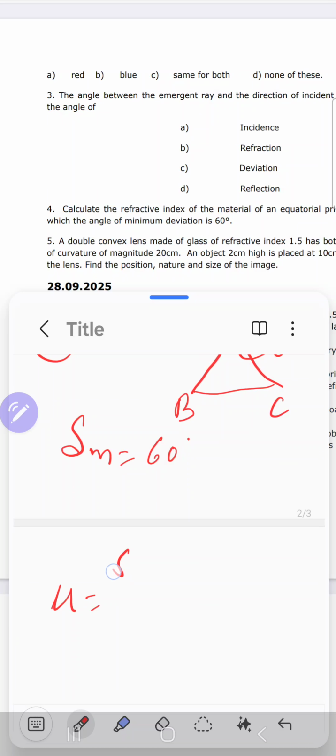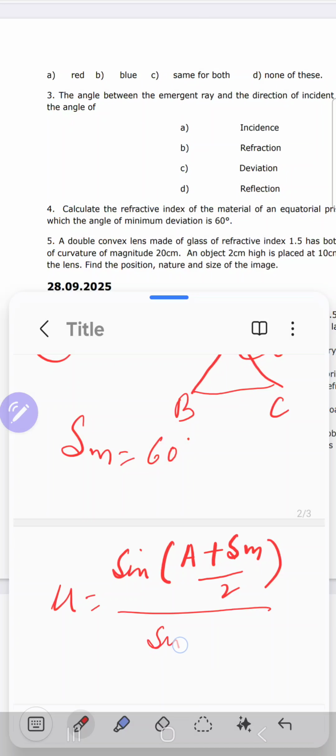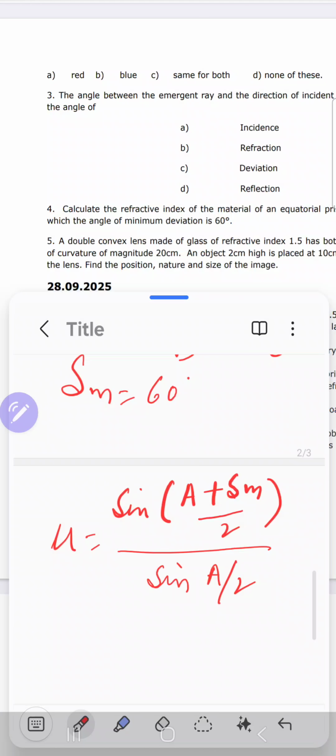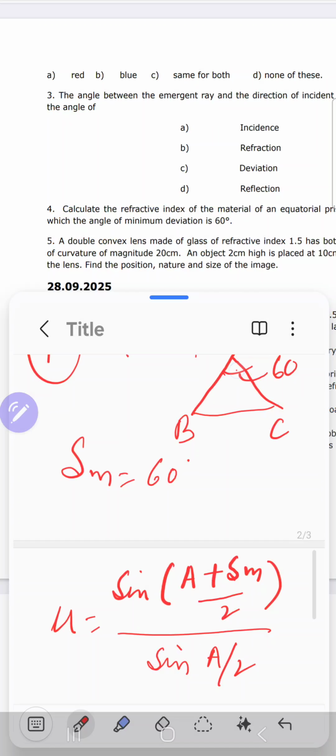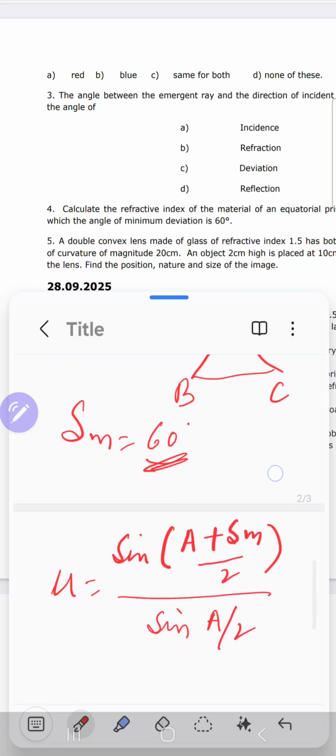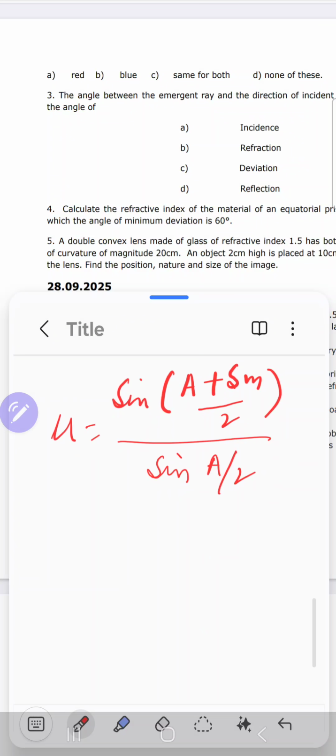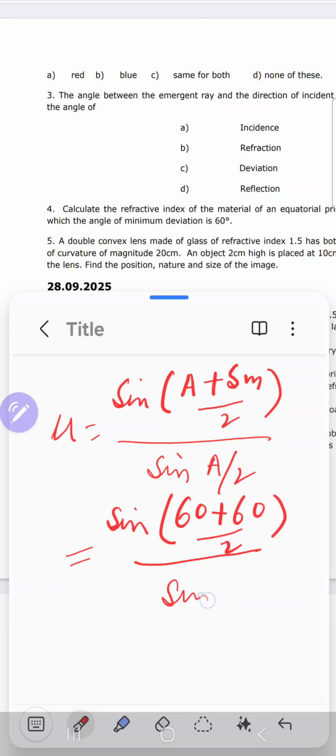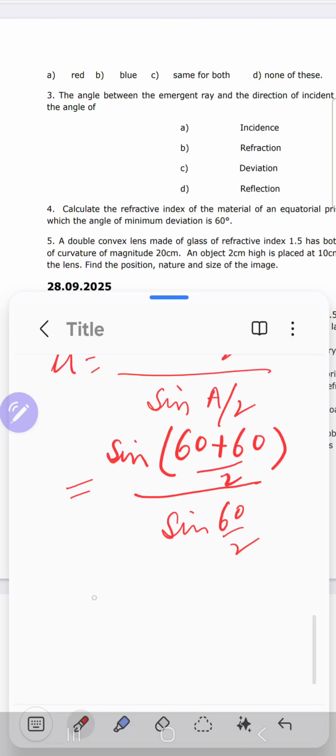We can use the simple formula for refractive index of the prism: mu equals sine of (A plus delta m) by 2 over sine of A by 2. Substituting angle of prism A as 60 degrees and delta m as 60 degrees, we get sine of (60 plus 60) over 2 over sine of 60 over 2. That is sine 60 over sine 30.